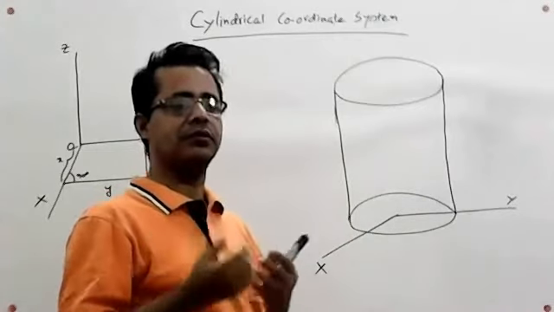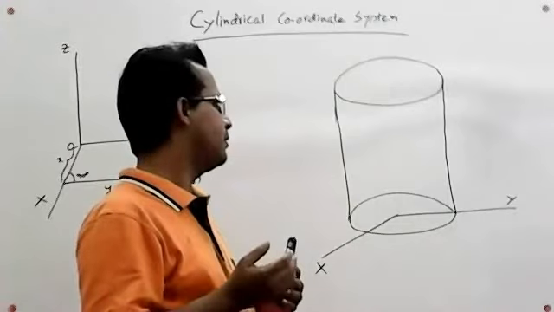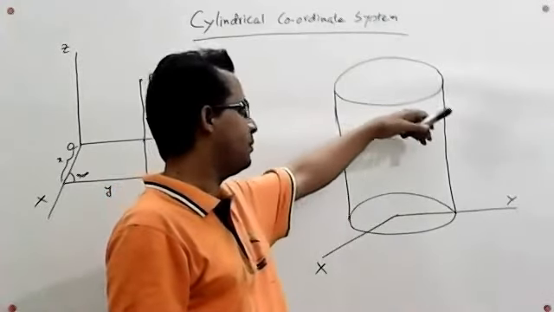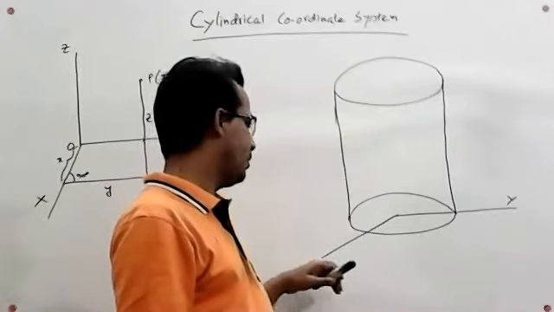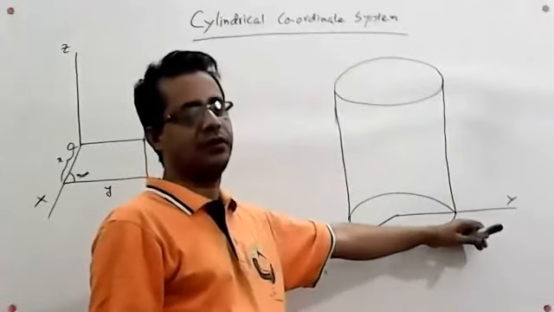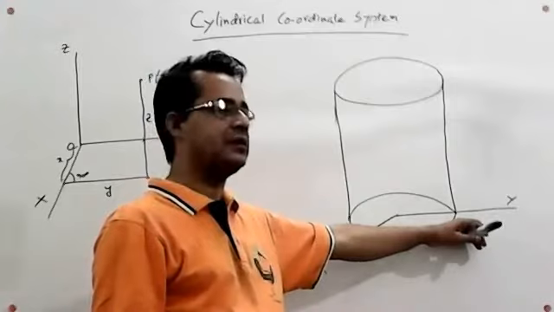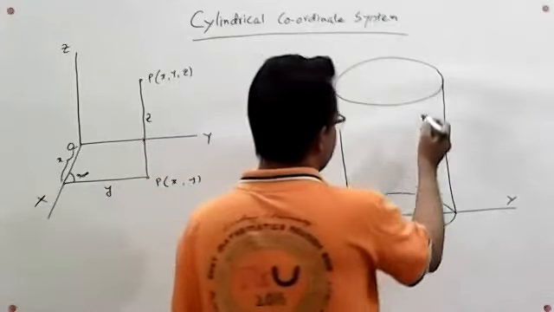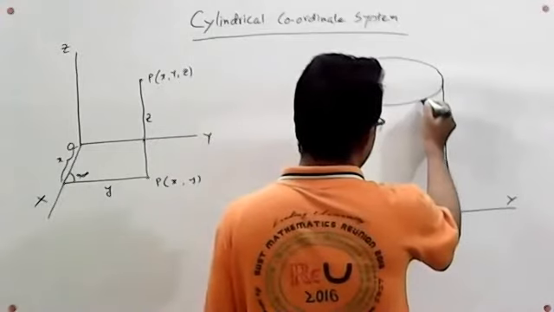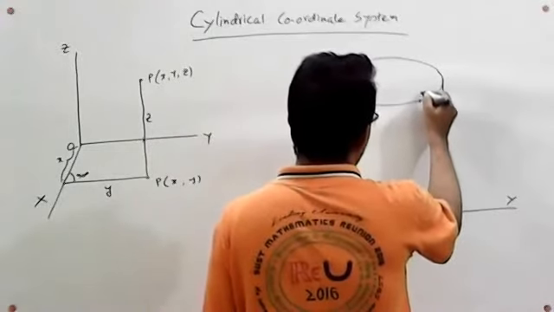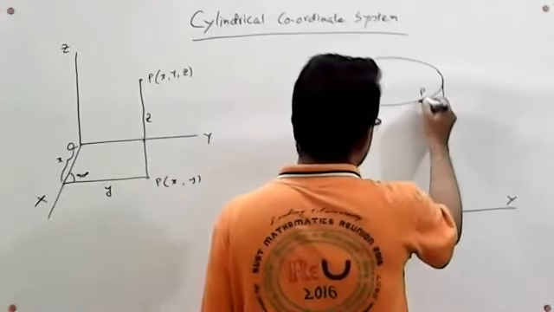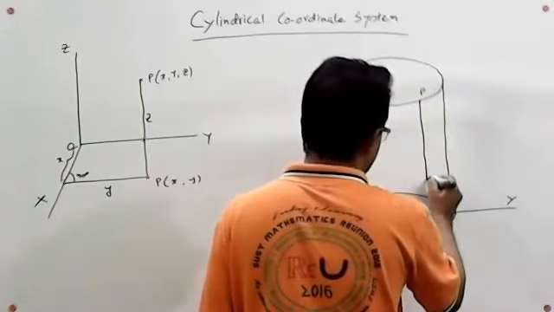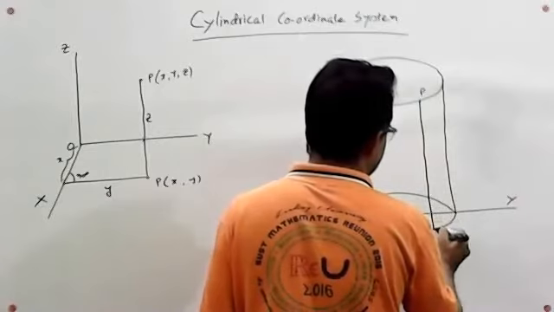Can we measure this point on the curved surface of the cylinder by only the two-dimensional polar coordinate system? We check it. Suppose a point P on the curved surface of the cylinder, whose projection is like this on the xy plane.